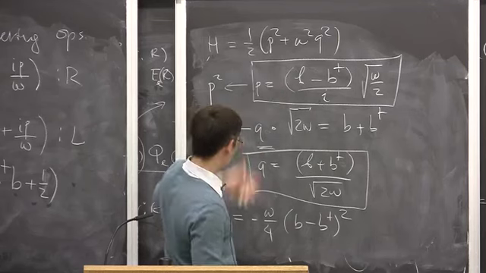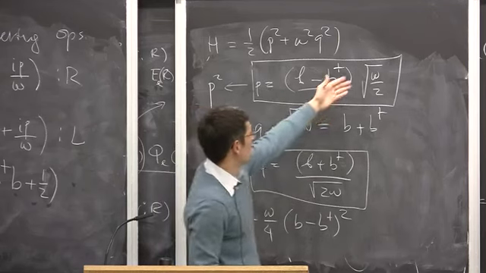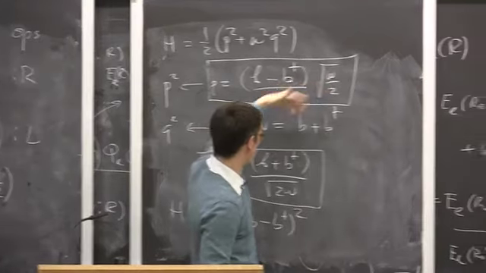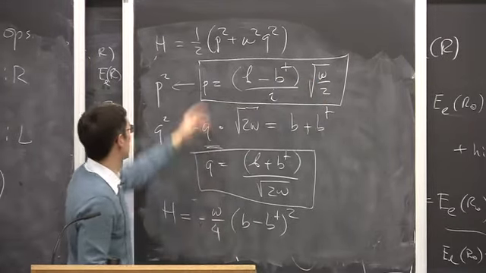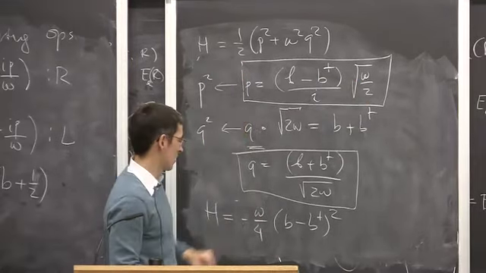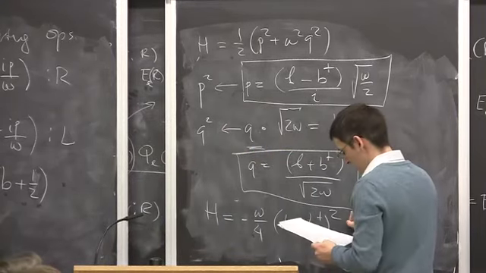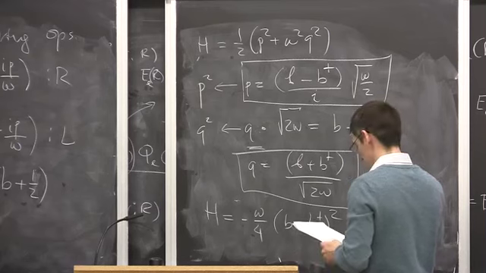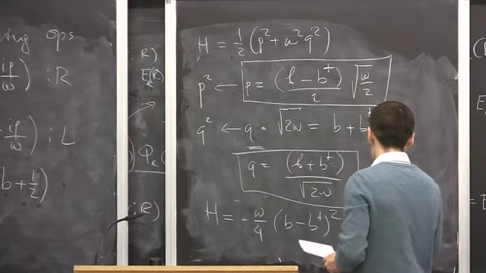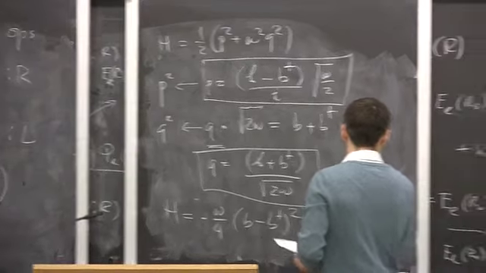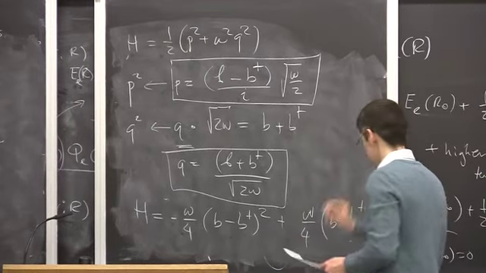I squared will give us minus. Then we have the square of this square root, which is omega divided by 2, and then another half, and that's 1/4. Right? So this is the P part, and then the Q part will be omega divided by 4 times B plus B dagger squared.